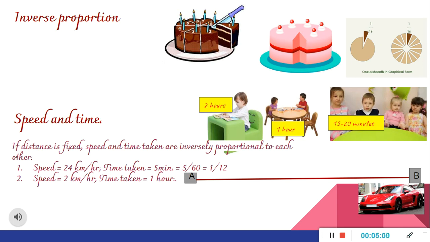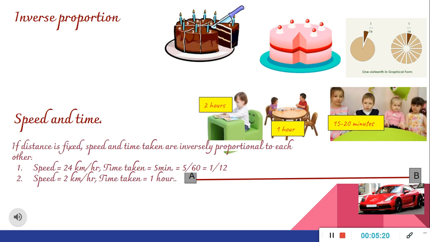So what's happening here? In this case, we see that the distance is the same, the speed increases, time decreases. The speed decreases, time increases. So there is an inverse proportion relationship between speed and time, provided distance is fixed, right?